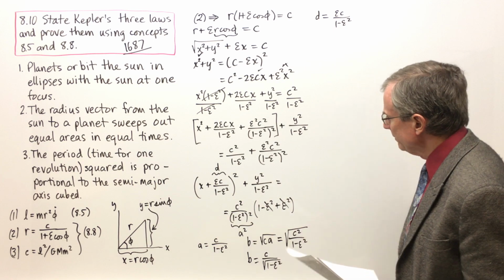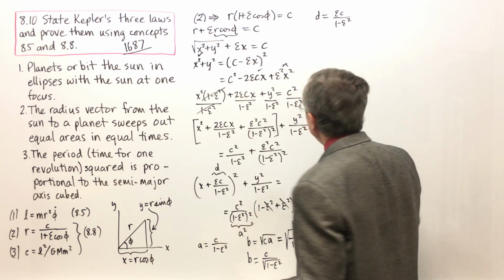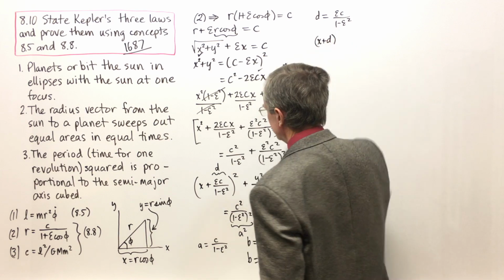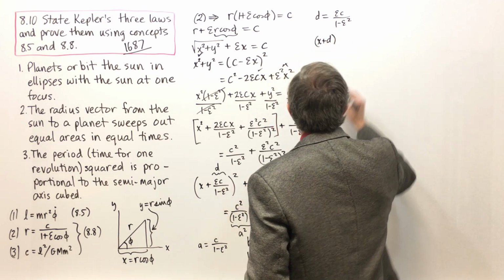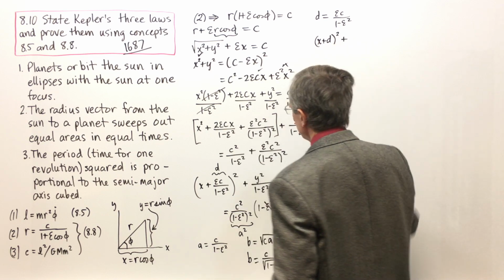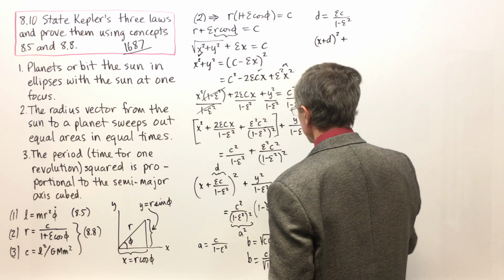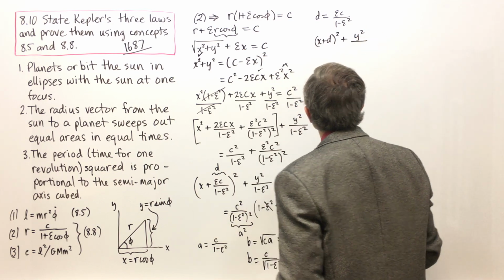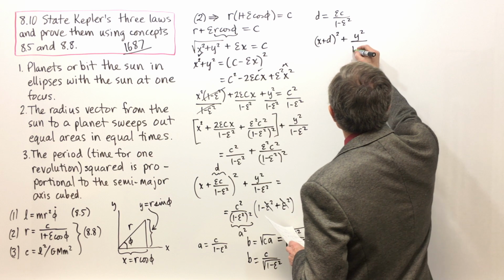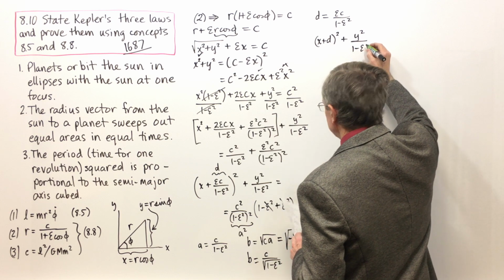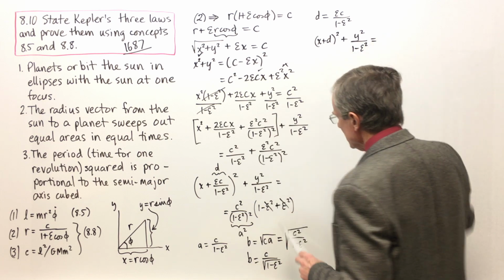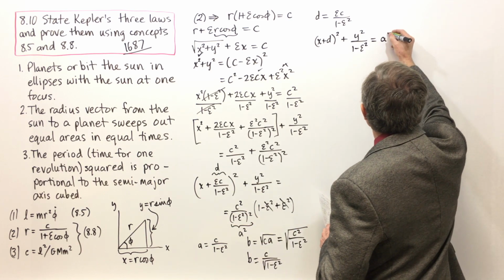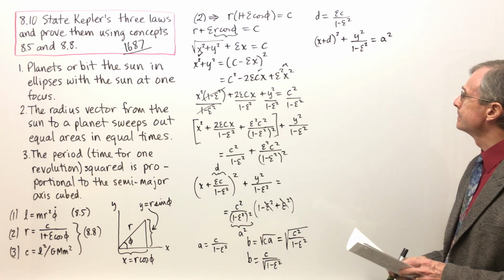All right, let's see what we have now. x plus d squared plus y squared over 1 minus epsilon squared equals a squared.